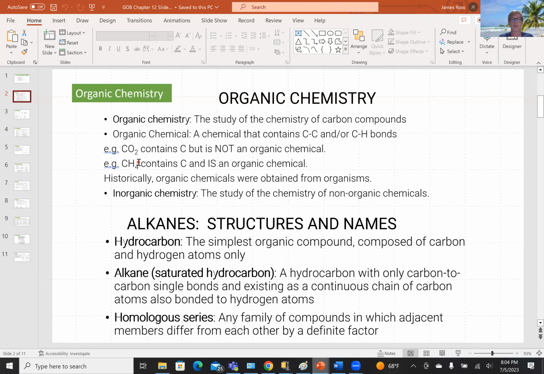You need to bond like an organic compound. So carbon dioxide is inorganic. On the other hand, methane, CH4, which is the gas that you use to heat your home or on your gas range, is organic because it contains carbon-hydrogen bonds.